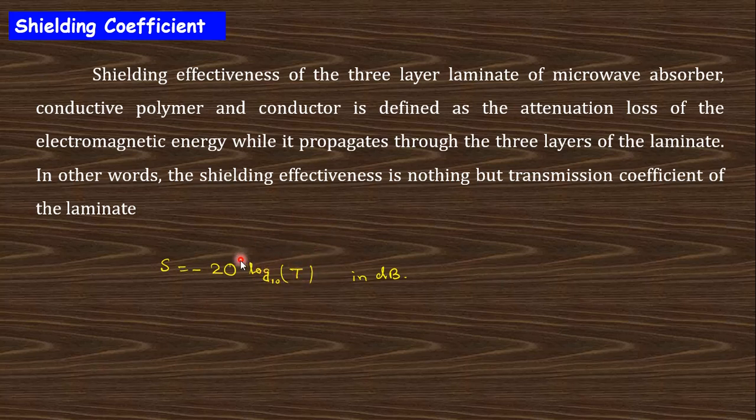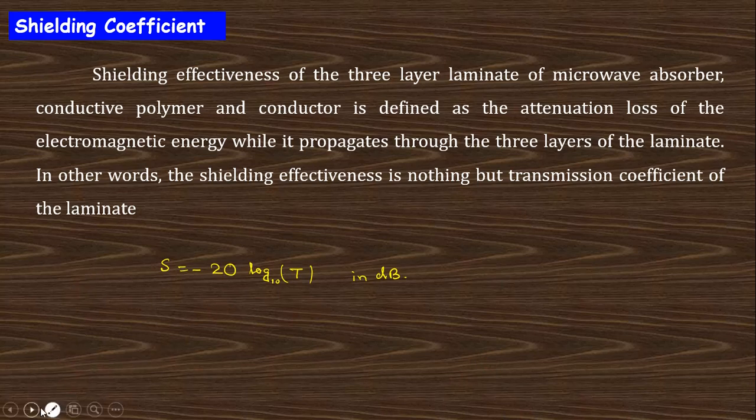So this is the shielding coefficient, or called shielding effectiveness. This can be found from the transmission coefficient, that is how the microwaves are transmitted through the material where the shielding is happening. That can be evaluated from this formula.